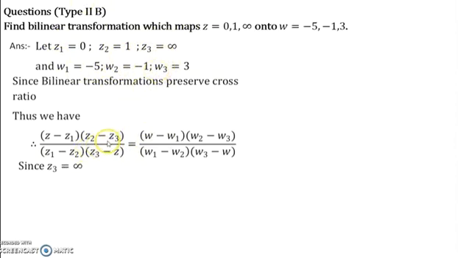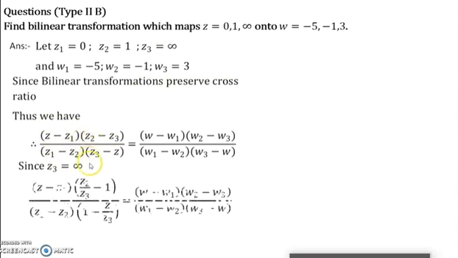Since z3 alone is infinity, we must divide the left hand side, because the left hand side contains only z terms. We divide both numerator and denominator by z3, because the z3 value is infinity. So the first term has no z3. The second term becomes (z2 minus z3) by minus 1, because z3 by z3 is 1.